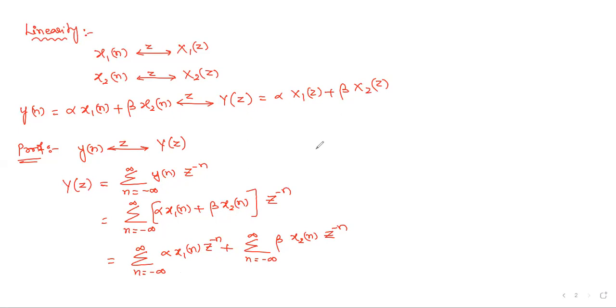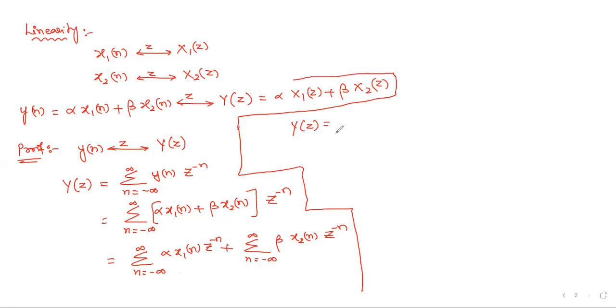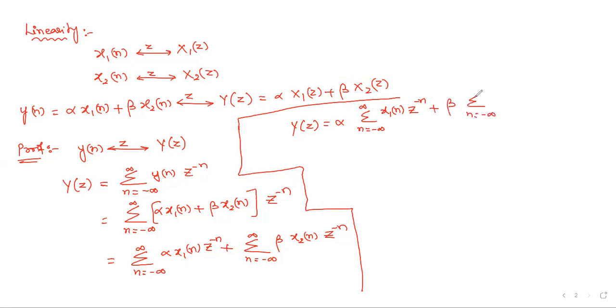Now, what is Y of z? Y of z equals alpha times summation n equals minus infinity to infinity x1 of n z power minus n, plus beta times summation n equals minus infinity to infinity x2 of n z power minus n.